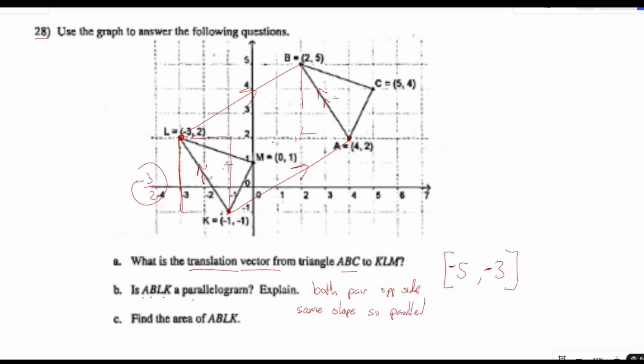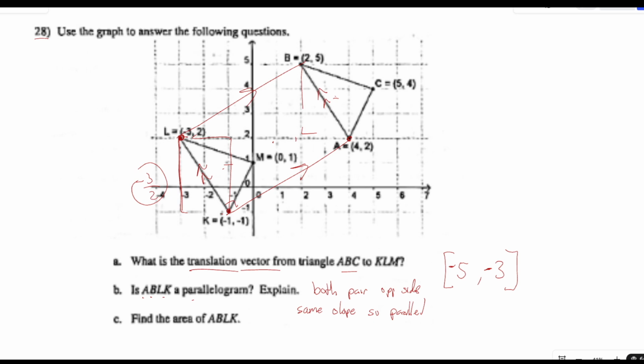Find the area of ABLK. If it's a rectangle, then I can just do this distance times that distance. So let's see, were those slopes negative reciprocals?